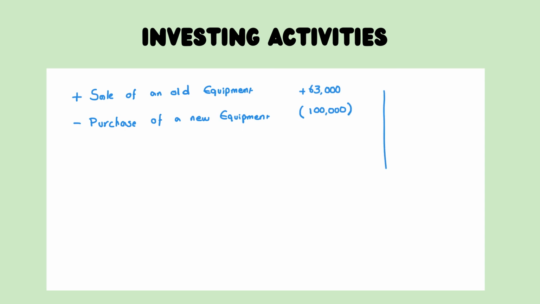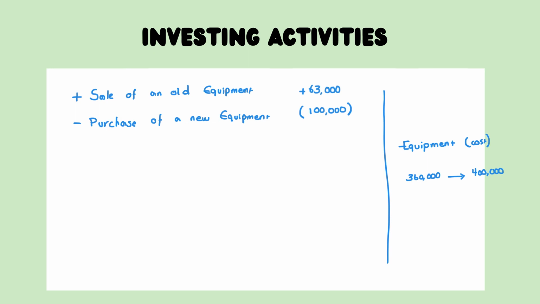Let me double check the equipment account. The balance for the equipment account last year was 360,000, and now it is 400,000. So this is the cost.